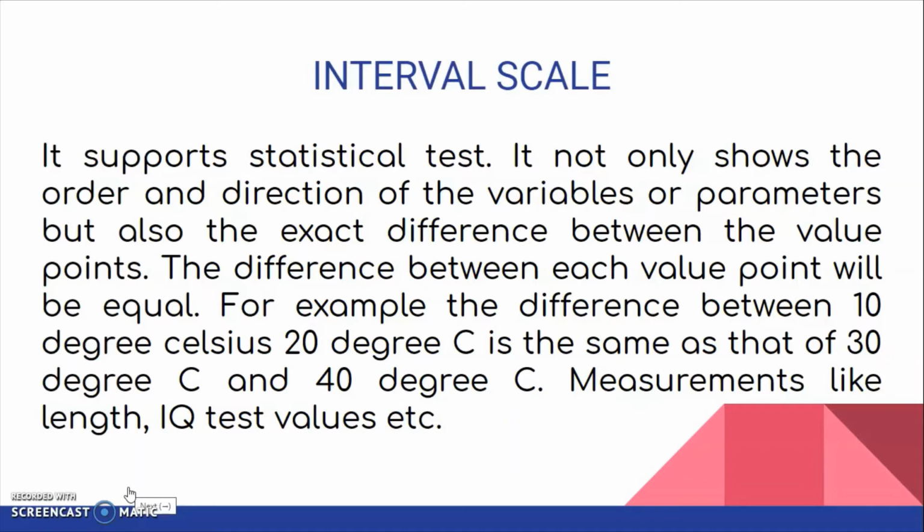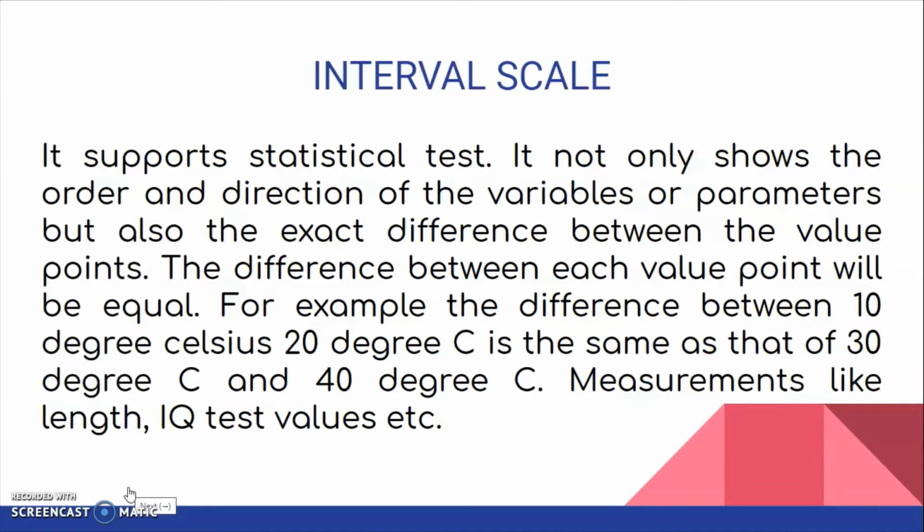The difference between each value point will be equal. For example, the difference between 10 degrees Celsius and 20 degrees Celsius is the same as that between 30 degrees Celsius and 40 degrees Celsius. Measurements like length, IQ test values, etc. will all come in the interval scale.